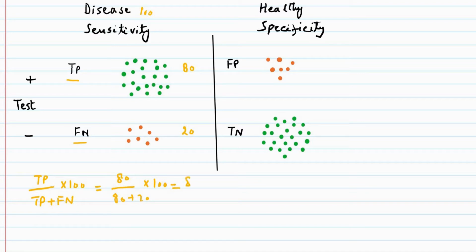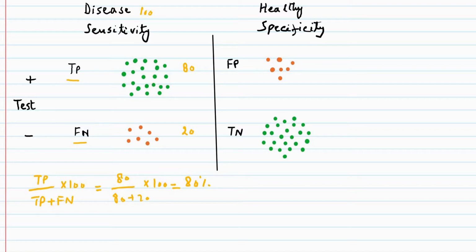So our new test has the ability to correctly identify 80% of people with disease. We can see the sensitivity of a test deals only with people who have disease. It doesn't deal with people who are healthy, or with the whole group.